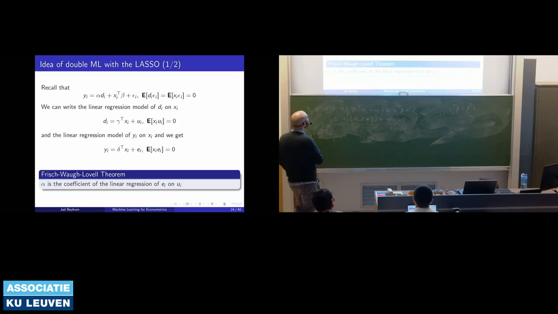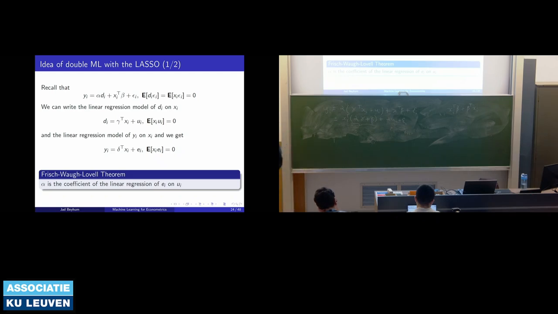Okay. So how can we interpret these different things? U_i, in a way, is the part of D_i that is not linearly explained by X_i. e_i is the part of Y_i that is not linearly explained by X_i. And you have this fundamental theorem in linear regression called the Frisch-Waugh-Lovell theorem, which tells you that alpha is actually the coefficient of the linear regression of e_i on U_i.